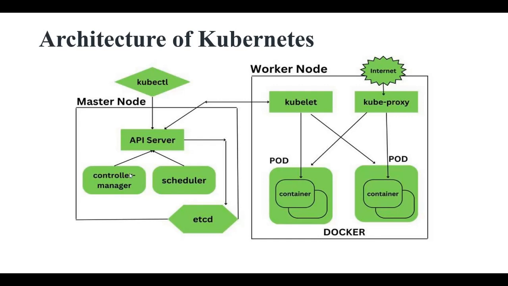The next is controller manager. The controller manager is also known as controllers. It's a daemon that runs a non-terminating loop, and it is responsible for collecting and sending information to the API server.